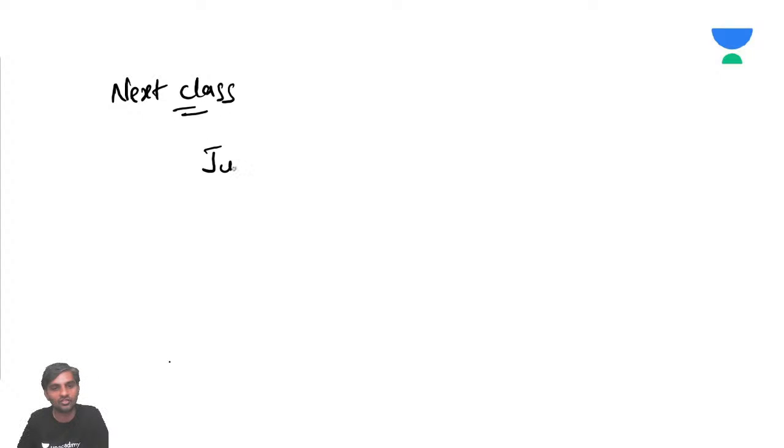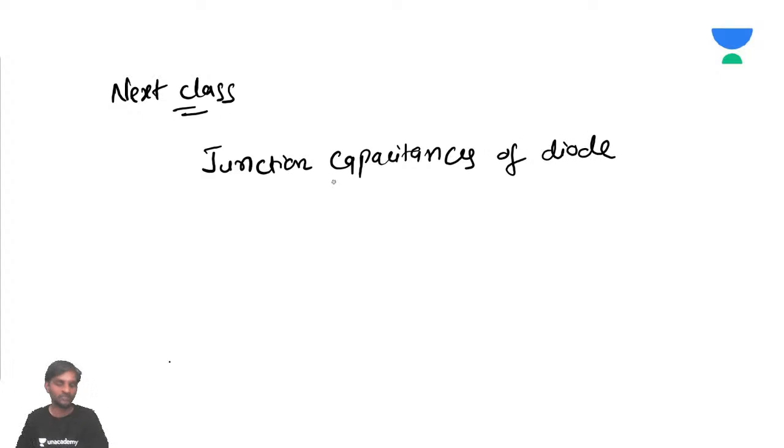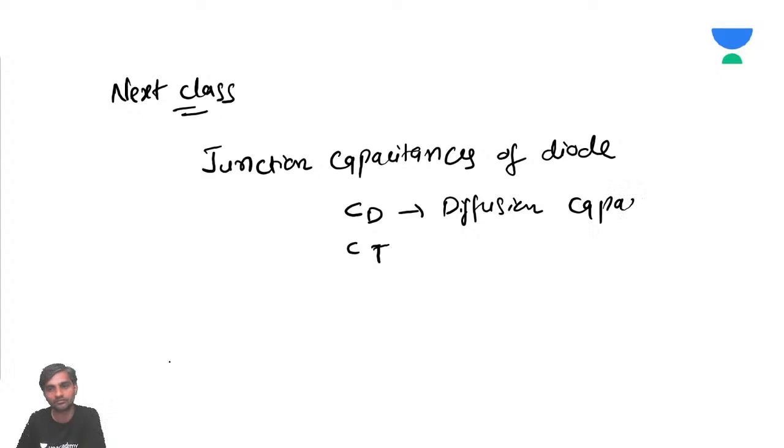junction capacitances of the diode. So you have the diffusion capacitance CD and the transition capacitance.